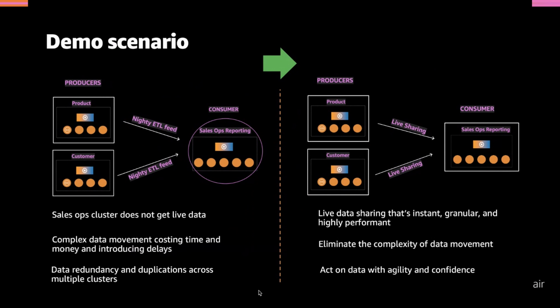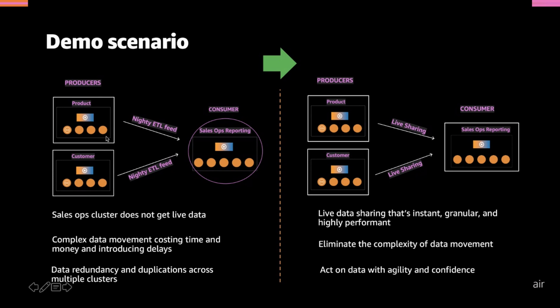Yes. So the demo scenario is a very simple one, but a very common one in organizations. Think that we are a manufacturing company that operates in global markets, and we have different business groups that manage different aspects of the organization.